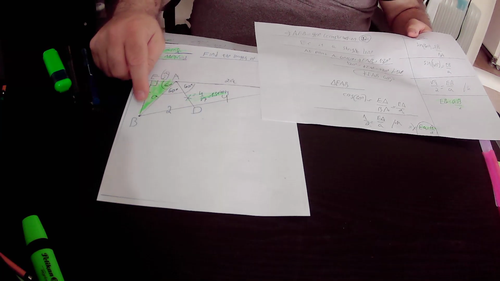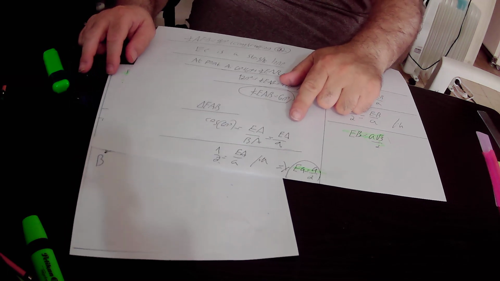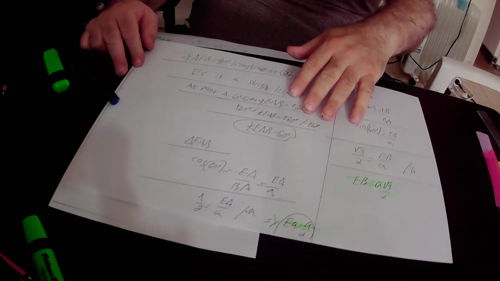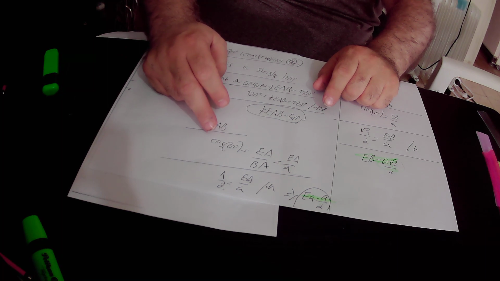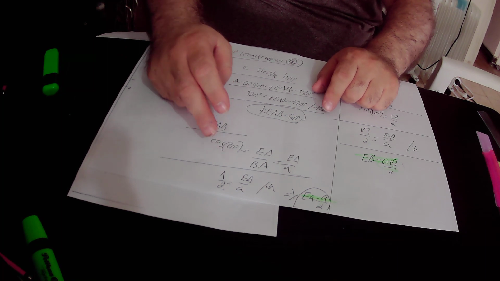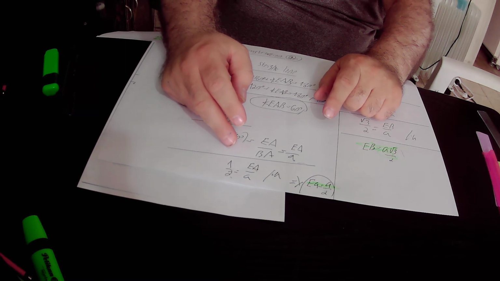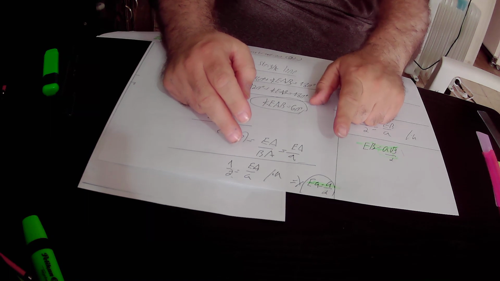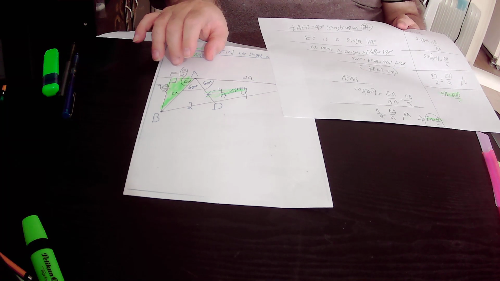But BA equals A, according to what is given in the question, so we substitute BA by A. We found that cosine 60 degrees equals EA over A. Cosine 60 degrees equals 1 half, so 1 half equals EA over A. We multiplied this equation by A and found that EA equals A over 2.